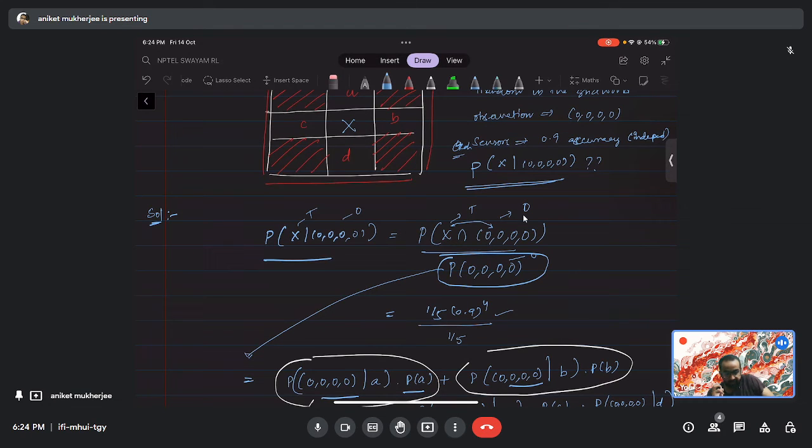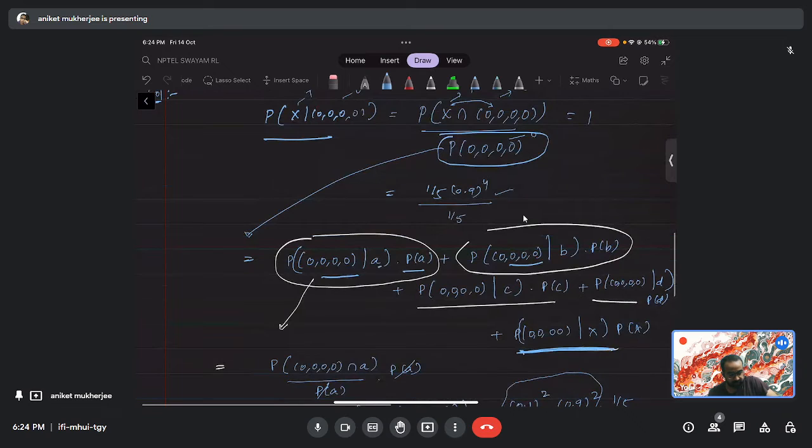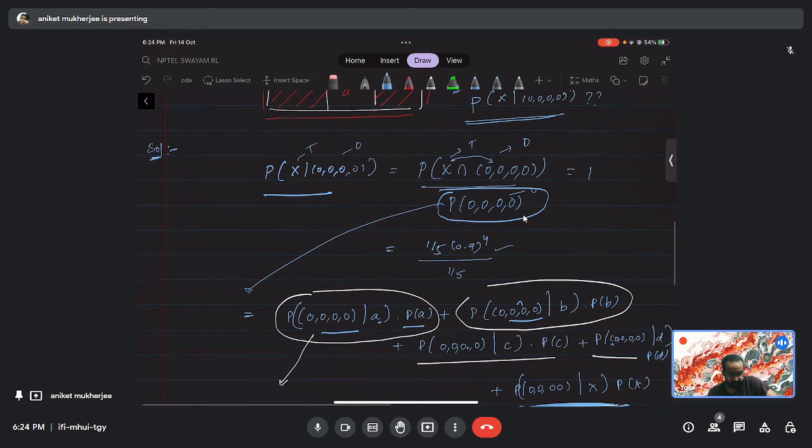But this probability is 1. Because if you get 0, 0, 0, 0, all these other terms would go to zero. This would just be 1 by 5 into 1, and here we would have 1 by 5 into 1. 1 by 5 cancels, you get 1.